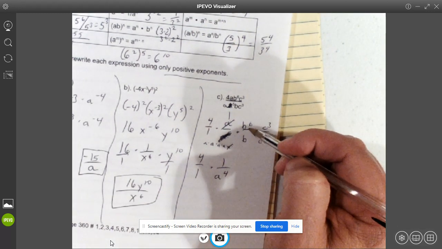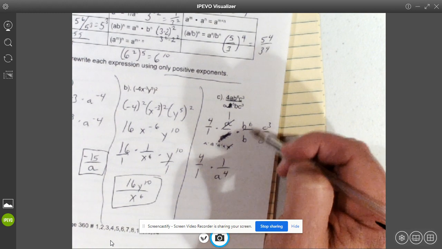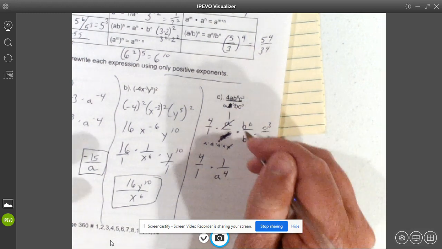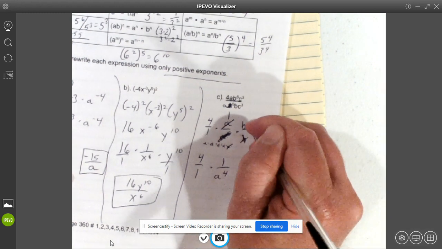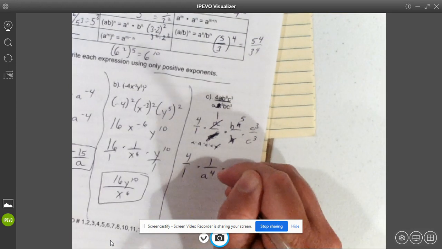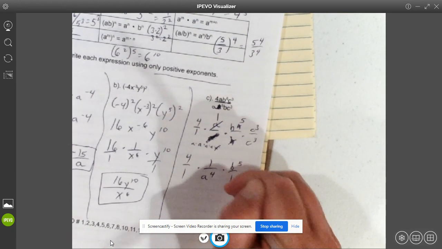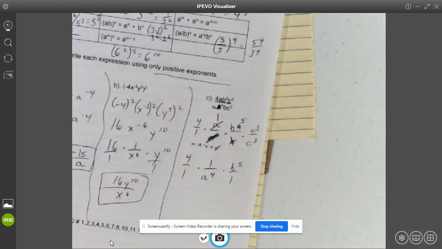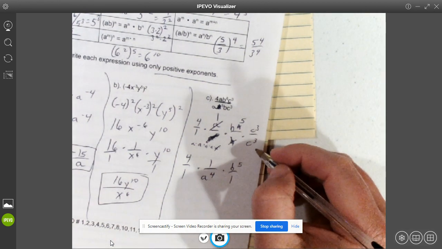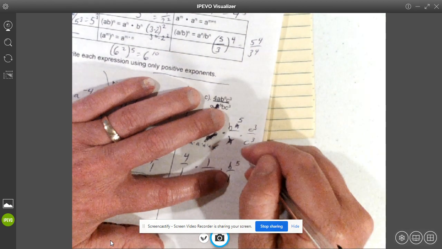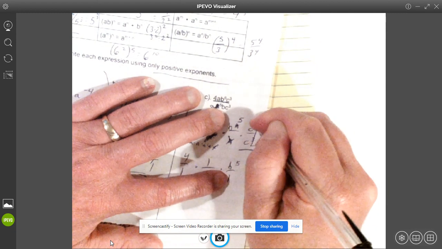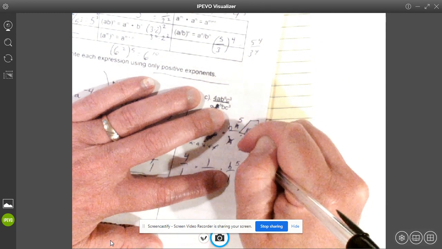Same thing's going to happen here. I've got b times b times b 6 times, and then I've got a b down there. That b is going to cancel out one of those, leaving b to the fifth. And I'm going to write it b to the fifth over 1. And here I've got c cubed over c cubed. Well, there are a couple of ways you can think about that, but what I like to do is say, hey, wait a minute, that's just 1, right?